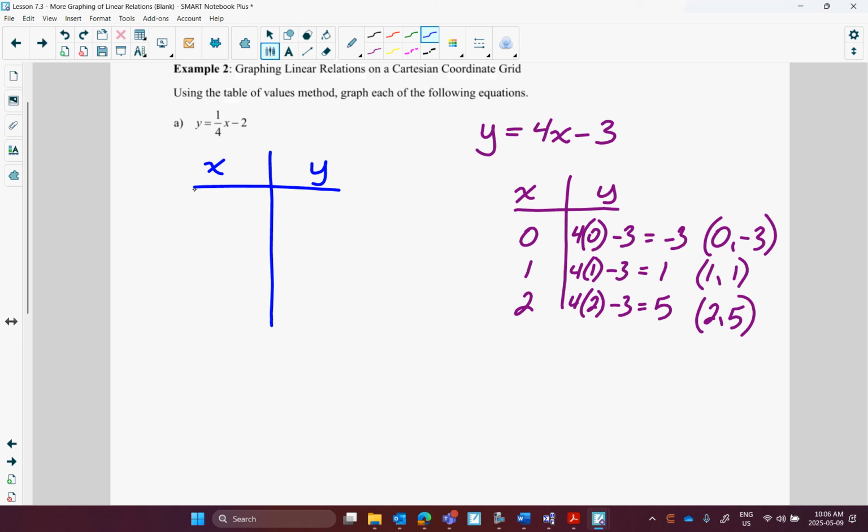And what did I say you should choose for x? 0, always choose 0, I said. So what is 1/4 times 0 subtract 2? Well, what is 1/4 times 0? 0. Subtract 2 is -2.